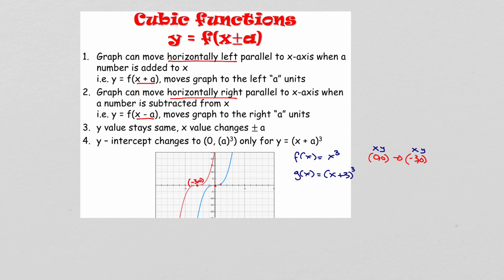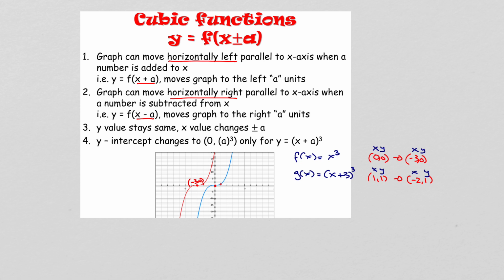We go out to 1 and up to 1. That's now becoming out to minus 2 and up to 1. So we have 1, 1 becomes minus 2, 1. So again, the y is staying the same, but the x has had 3 taken away from it.